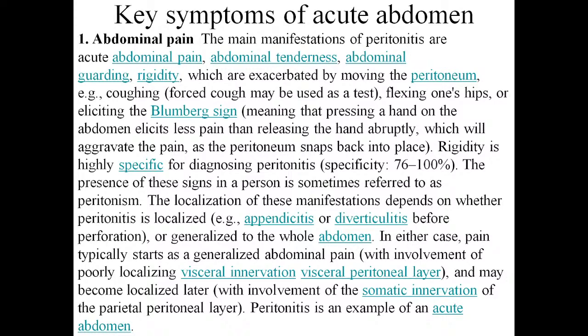Coughing or a forced cough may be used as a test, as can flexing one's hips, eliciting the Blumberg sign. Now, students, I will try to show these Blumberg signs on the next slide.